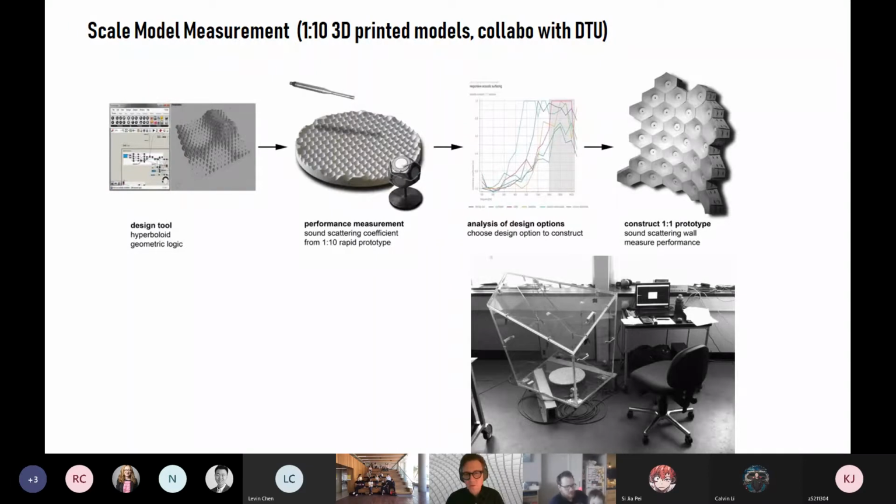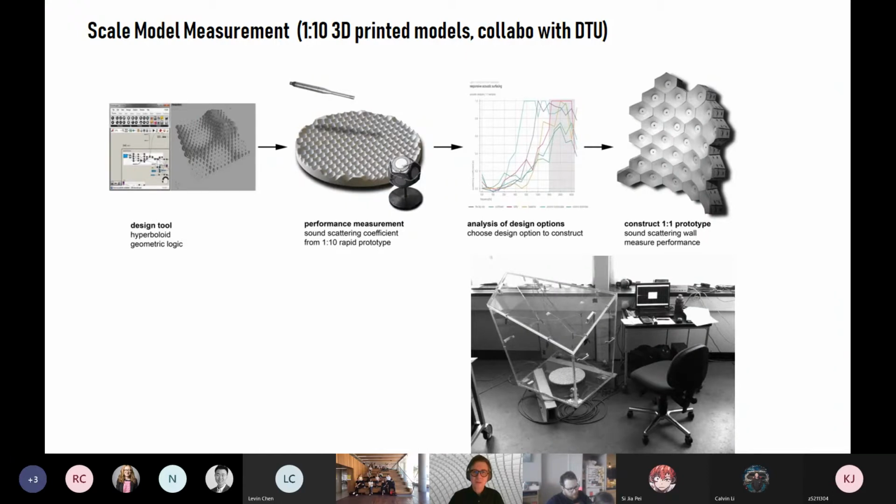This was a technique that I had been working on as part of my PhD as well, in order to understand not the absorption properties of materials, but their diffusive properties, so their ability to scatter sound in many different directions.